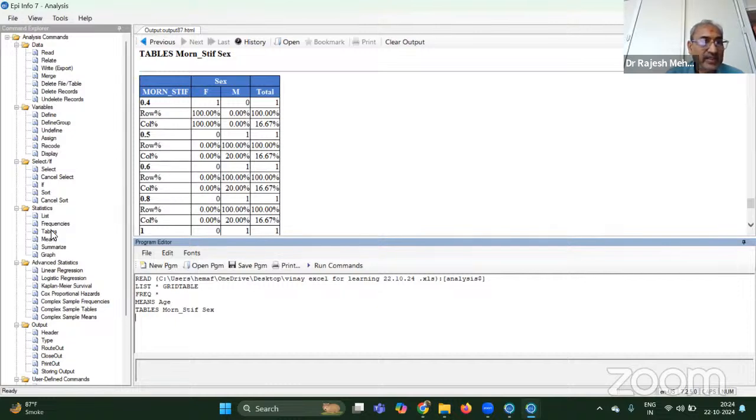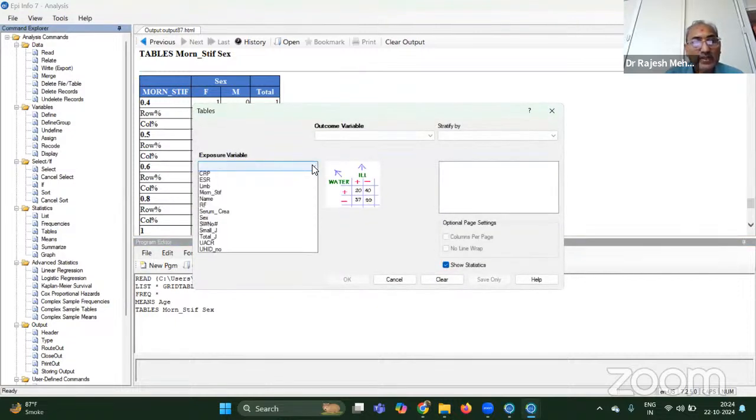So we forget this tables. Is there any other name, small joint? I think all the variables are probably measurement variables, limb also has only one limb. So there is no point in doing analysis. Practically the tables command is not usable here because most of them are suggestive of the measurement variables.